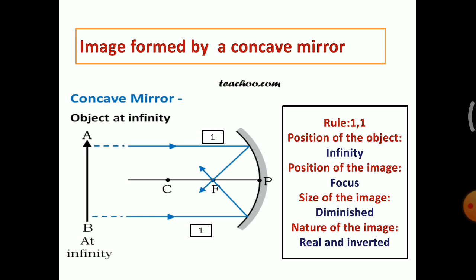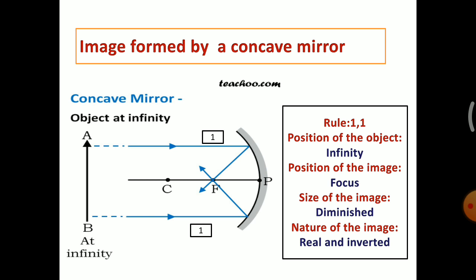Then you have to place the object at infinity position. So here AB is the object. It was placed at infinity. So the position of the object is infinity. Here you have to use any two rules. Here I used rule number 1.